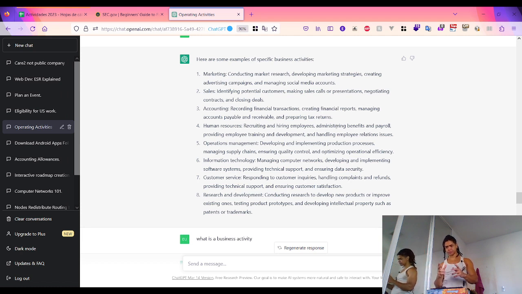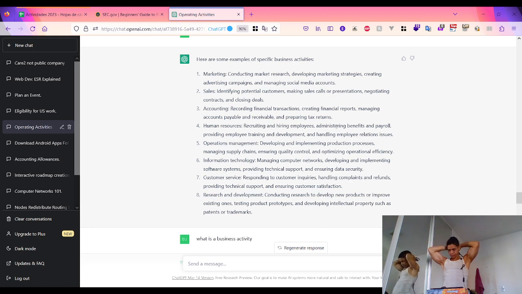For example, information technology is the field that I am in: managing computer networks, developing and implementing software systems, providing technical support, and ensuring data security.